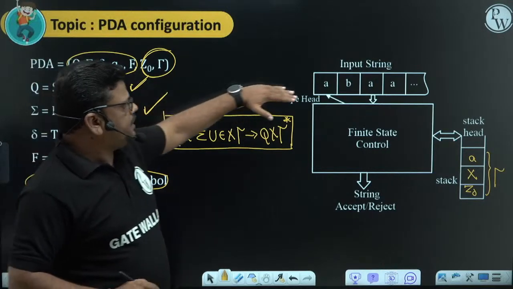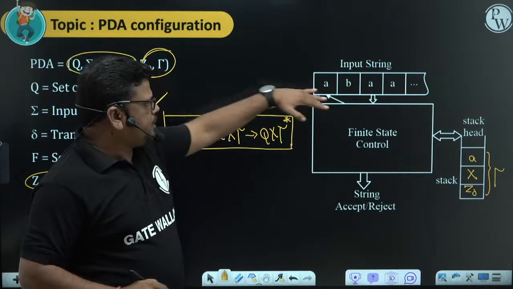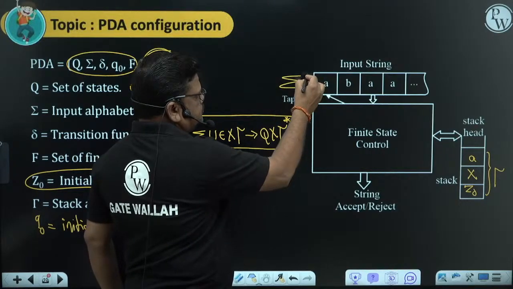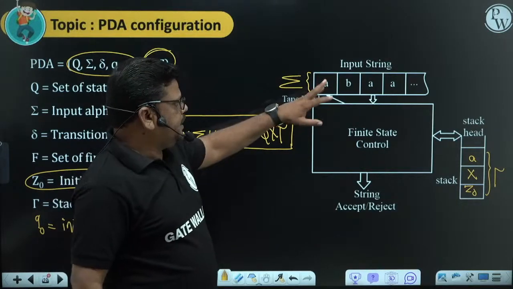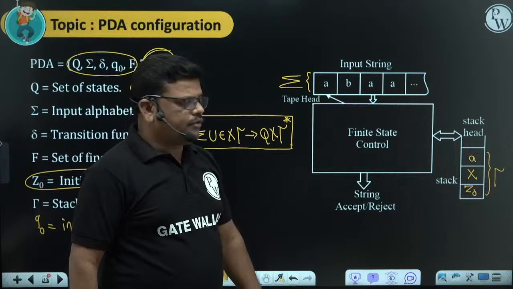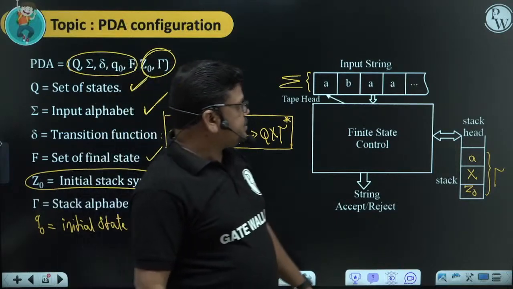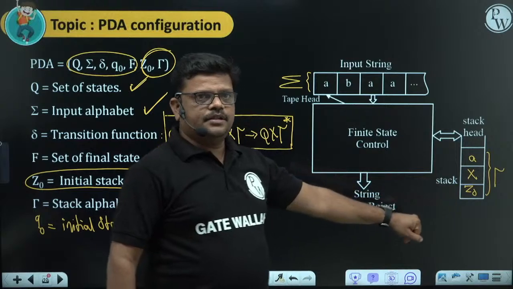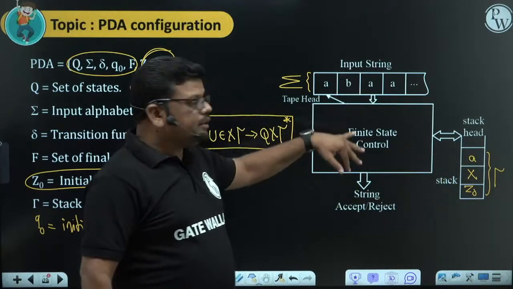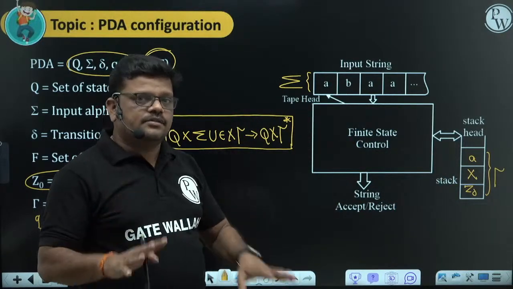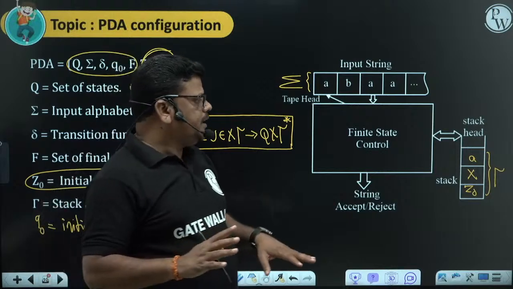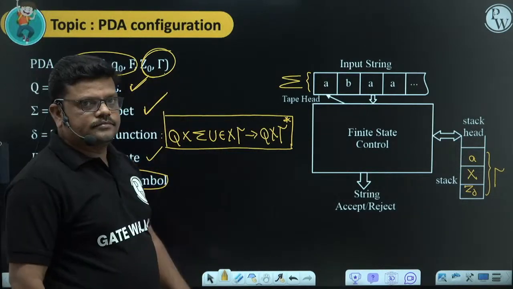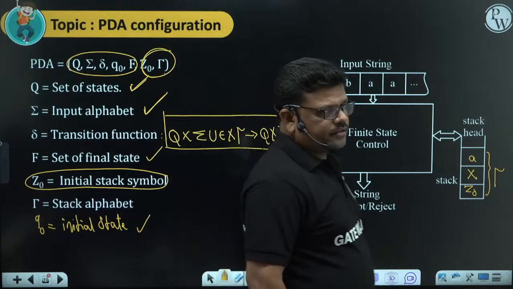That is our sigma, for example a, b. This is the input alphabet. Symbols allowed into the stack: see this X, not present in the input but allowed into the stack. Z0 not present in the input, allowed into the stack. This is called the stack alphabet, represented with the symbol tau.